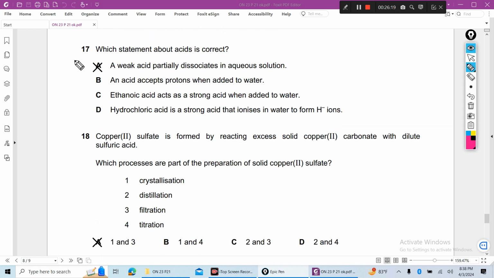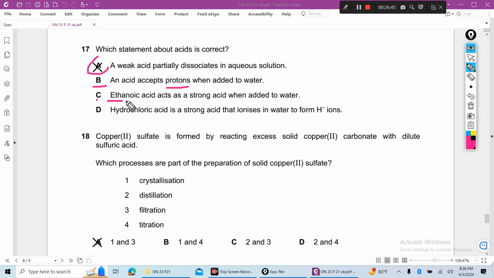Number 17. Which statement about acids is correct? A weak acid partially dissociates in aqueous solution, and you know a weak acid partially ionizes in aqueous solution. So the answer will be A. B is the wrong answer. An acid accepts a proton? No, an acid donates a proton.